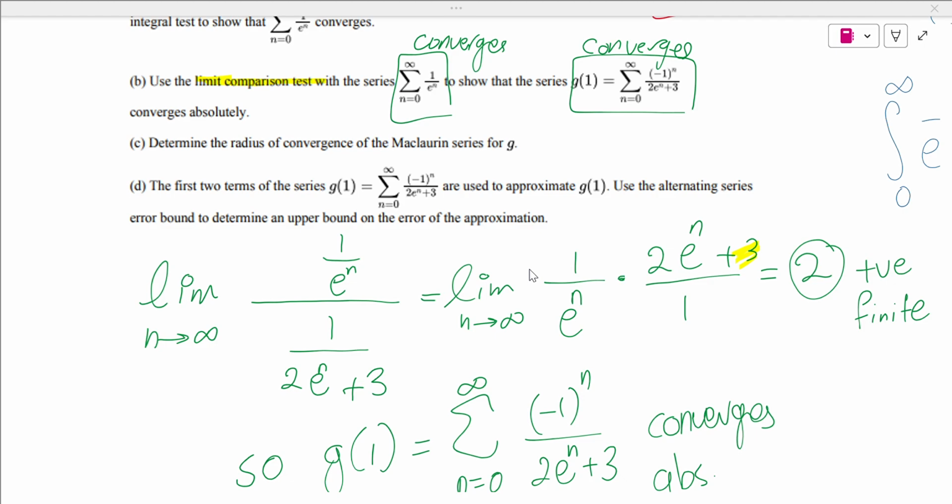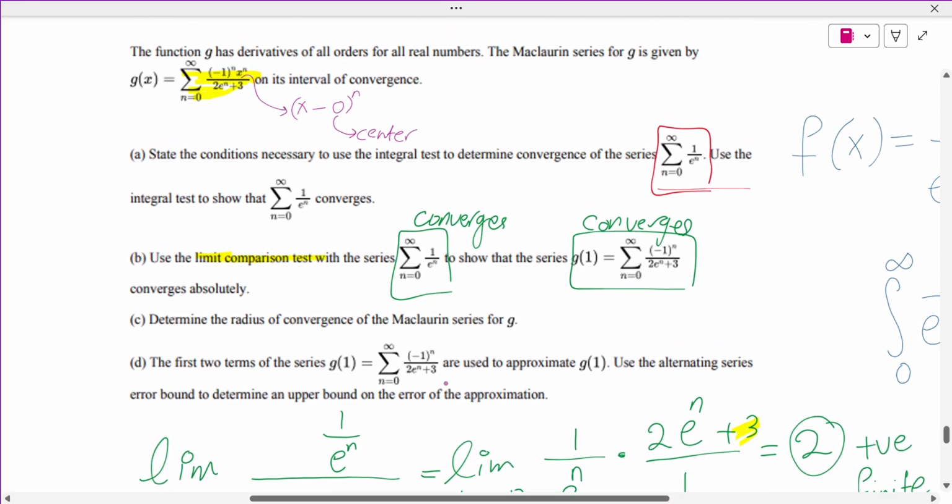Part D. Okay, so let's look at part D. The first 2 terms of the series G of 1 are used to approximate G of 1. Use the alternating series error bound to determine an upper bound on the error of the approximation.